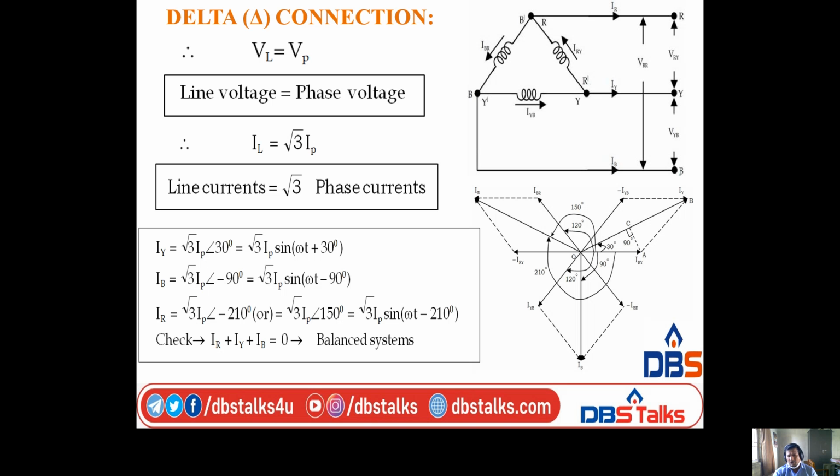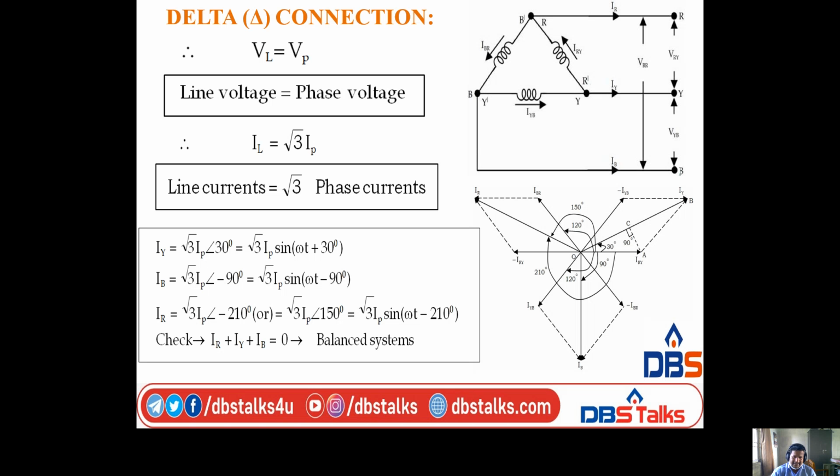At node R we are applying: IRY is the incoming current, IR is outgoing, IBR also outgoing. Therefore, at node R applying KCL, incoming current is equal to the sum of the two leaving currents, that is IRY is equal to IR plus IBR.